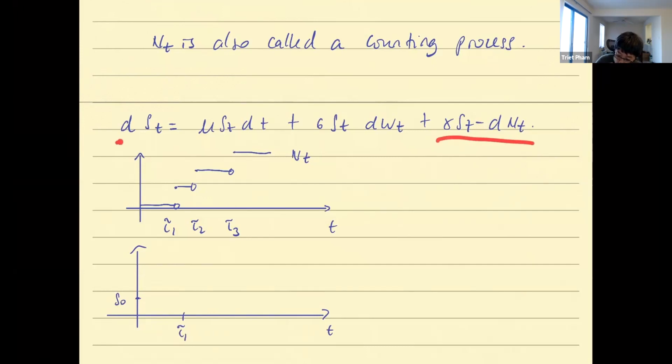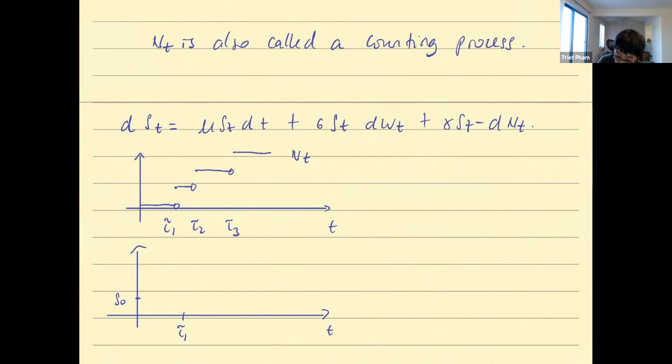Now, under this model, where I let mu and sigma come back in full force, does the stock price stay constant between 0 and tau 1? No, right? Exactly, because it has the dt and dWt.